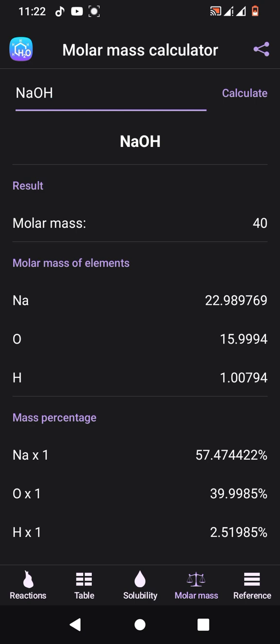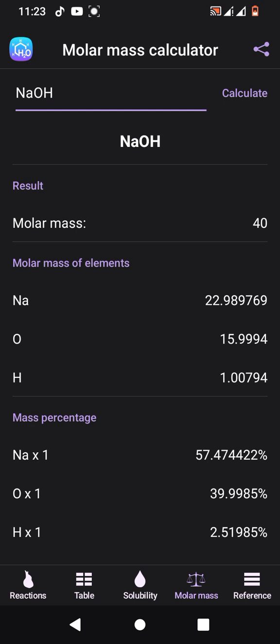So in previous chapters, you should have seen how to calculate the molar mass of any compound or molecule. But using this app, you just punch your compound or molecule, and it'll calculate everything for you. I don't actually recommend you to use this app during your class time, because you should be able to do these activities yourself.